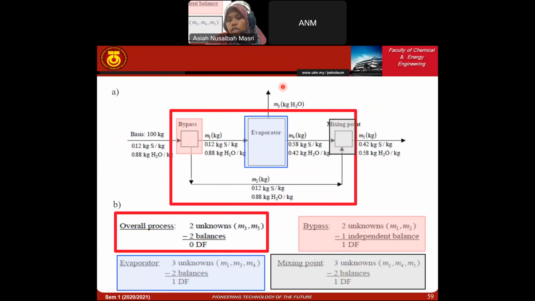Since you have solved M3 and M5, you can start either from the evaporator or the mixing point, because knowing M3 and M5, you have reduced the unknowns in the evaporator, which is connected with M3, and also for the mixing point, which is connected with M5. So you can continue with the evaporator or mixing point, and only then continue with the bypass.